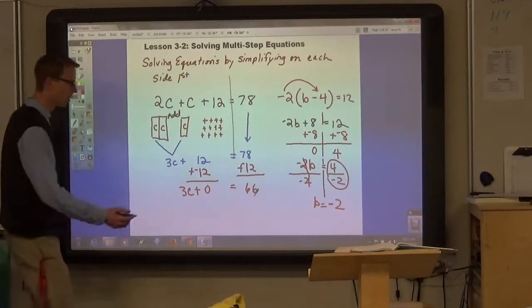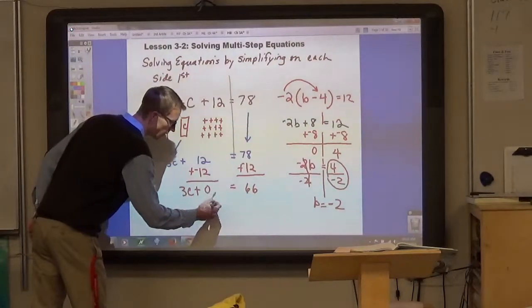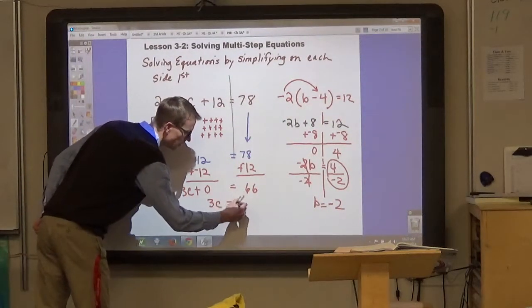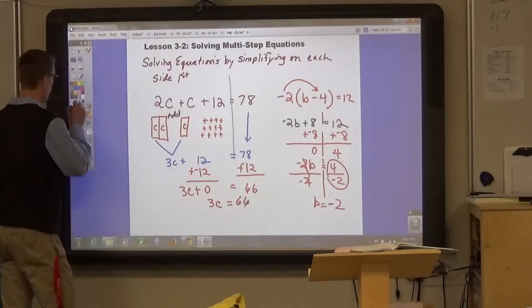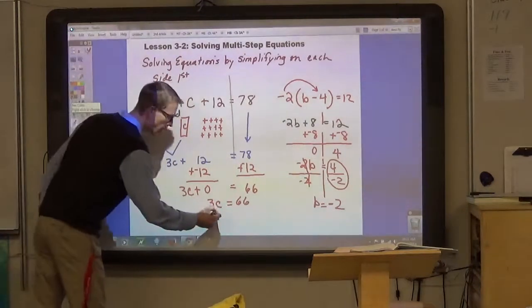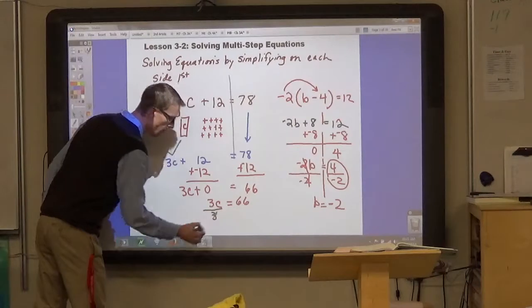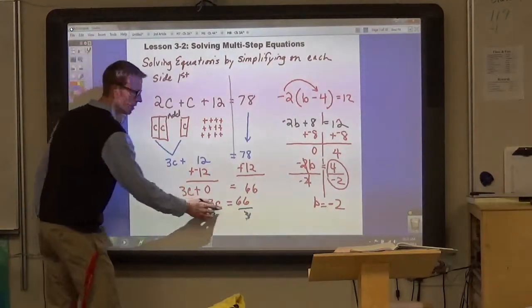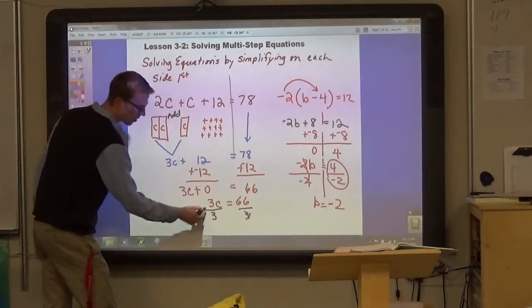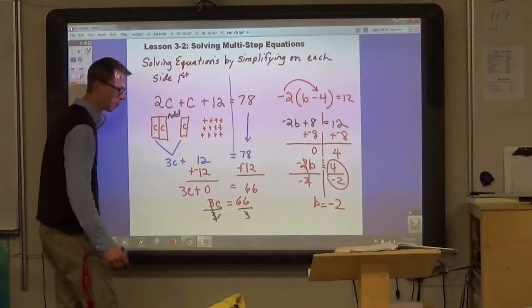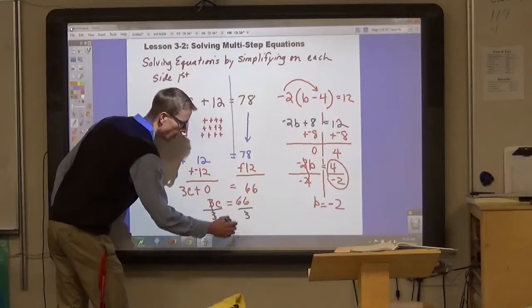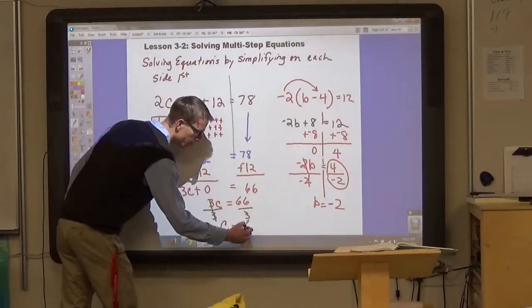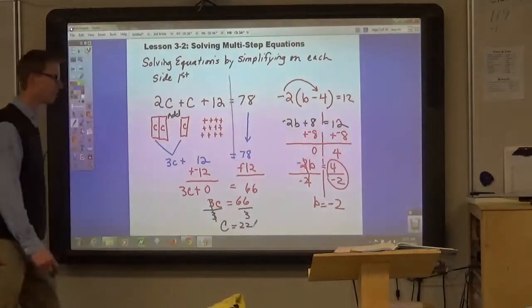Then, since 3c plus 0 is 66, that means 3c is 66. Then, our next step, we can divide this side by 3. Divide this side by 3. You have to do the same thing to both sides. Cross off the 3's, so we're left with 1c, and 66 divided by 3 is 22, right?